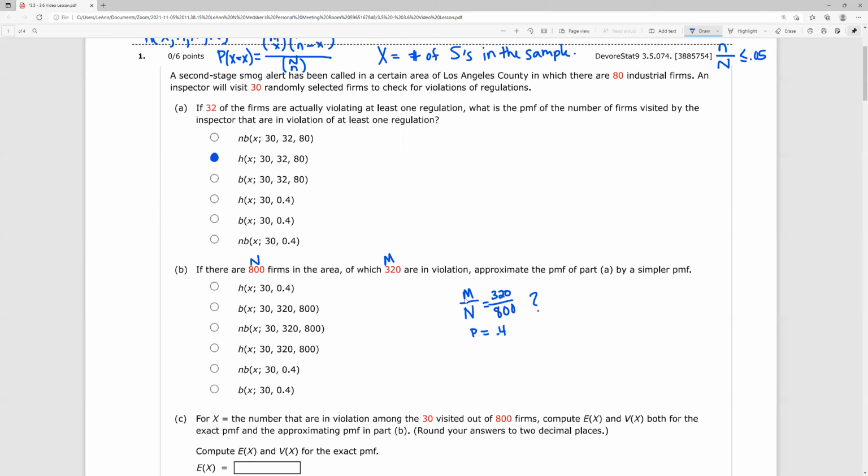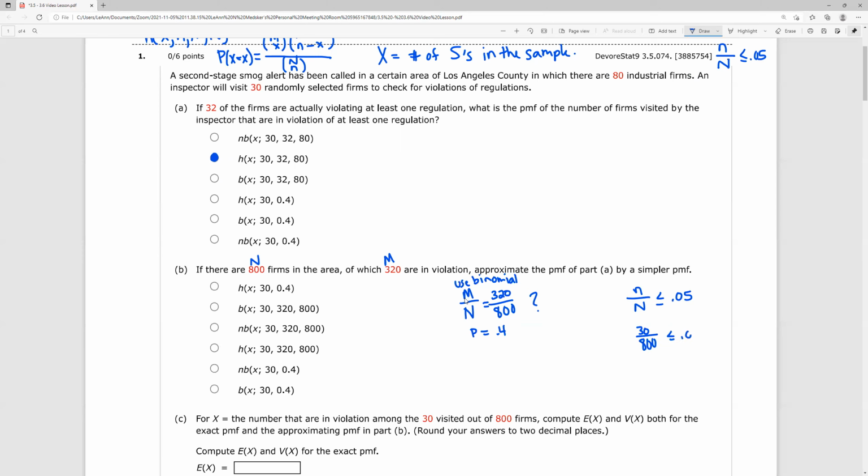Now the question is, can we do this? Can we say, let's use the binomial instead of using the hypergeometric? So the question is, is this true? Is little n divided by big N going to be less than or equal to 0.05? Well, little n is still going to be that, we haven't changed anything about that. This inspector is still going to take a sample of 30 randomly selected firms. So that's going to be 30 divided by the big N, which is 800.